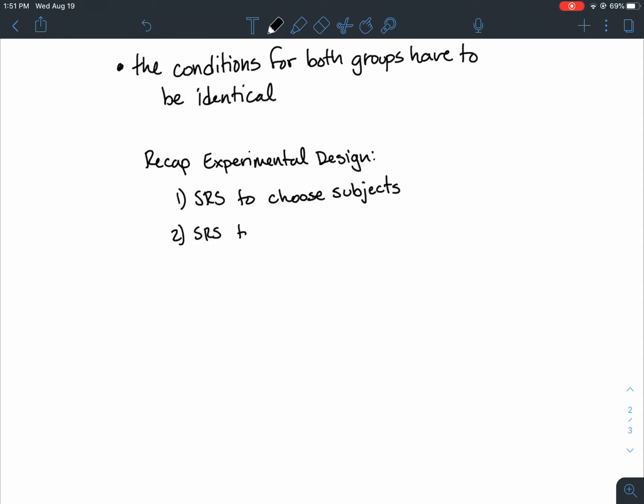Then we're going to do an SRS to split the subjects into a control or treatment group.